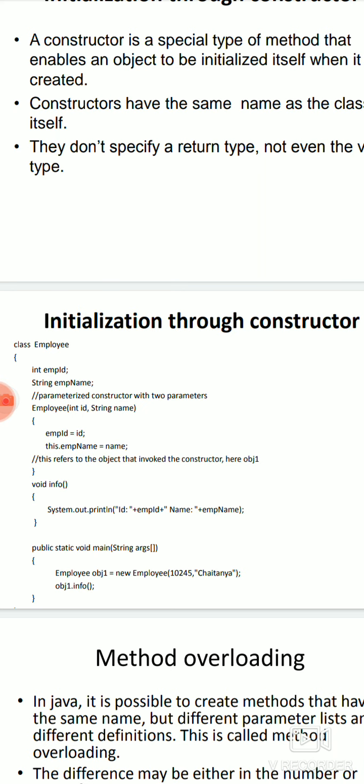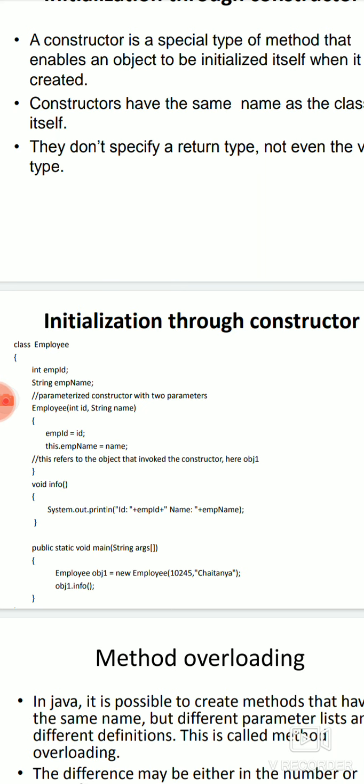Now one important thing I want to focus on here is, whenever you are creating an object through a constructor, its value will automatically get initialized. Suppose I have written int id and string name as the two parameters. If I give the value, for example instead of id I give 45, that is my id number, and name is current, then automatically it will be initialized with the value.